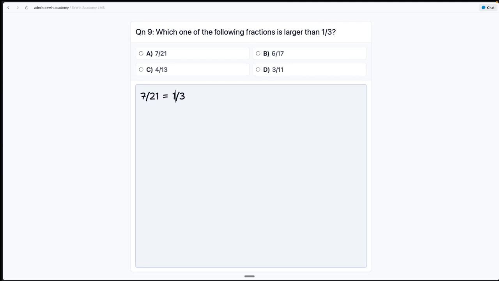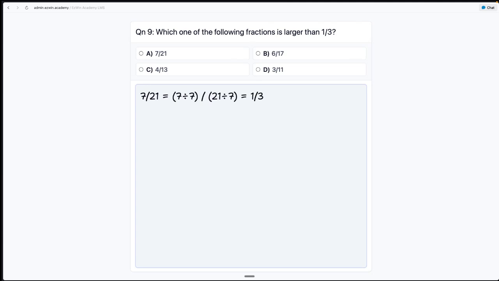Okay, because we just divide 7 and 21 by 7, and you will get 1 out of 3.